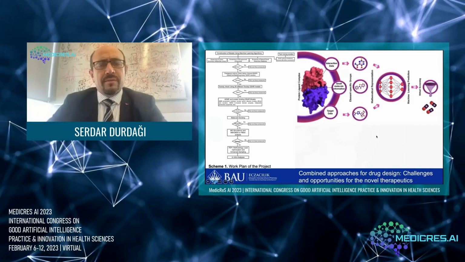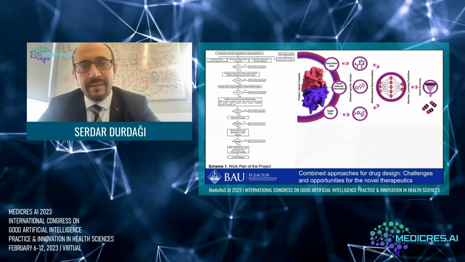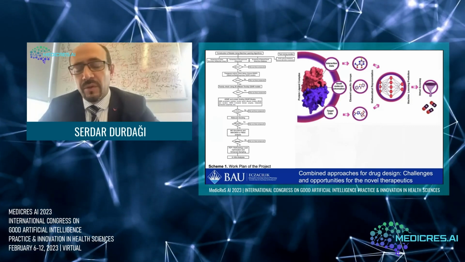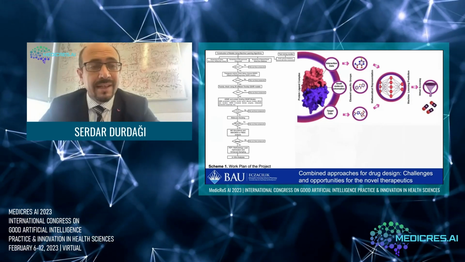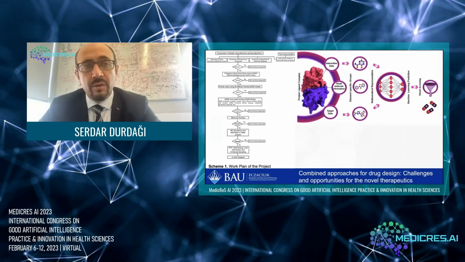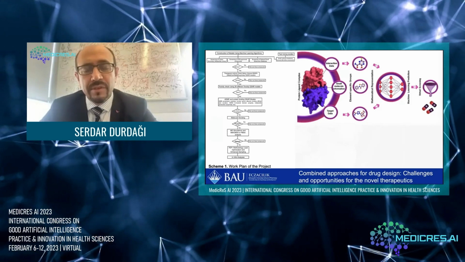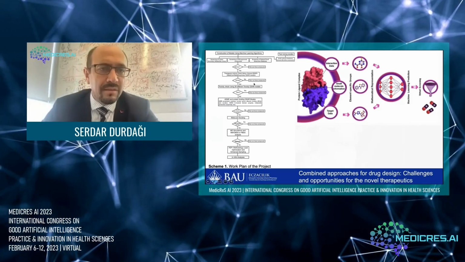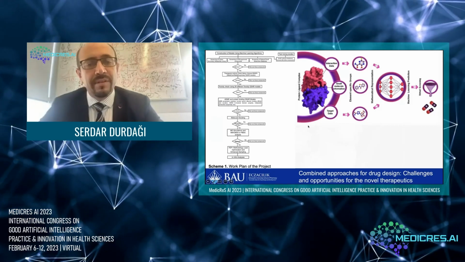So in this study, we tried to understand mechanistically in two different ways. The first way was construction of cell line-based QSAR models, and we also constructed a target-based QSAR model, for which we used IDH1 mutant inhibitors. Here you can see the algorithm that we used in this study.